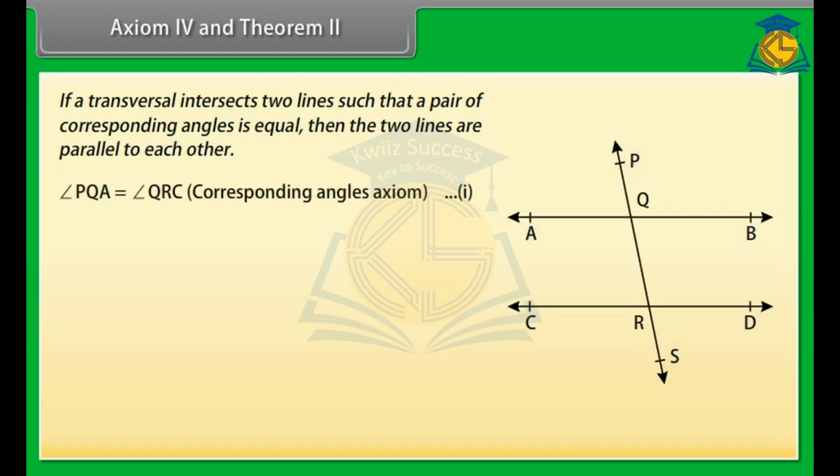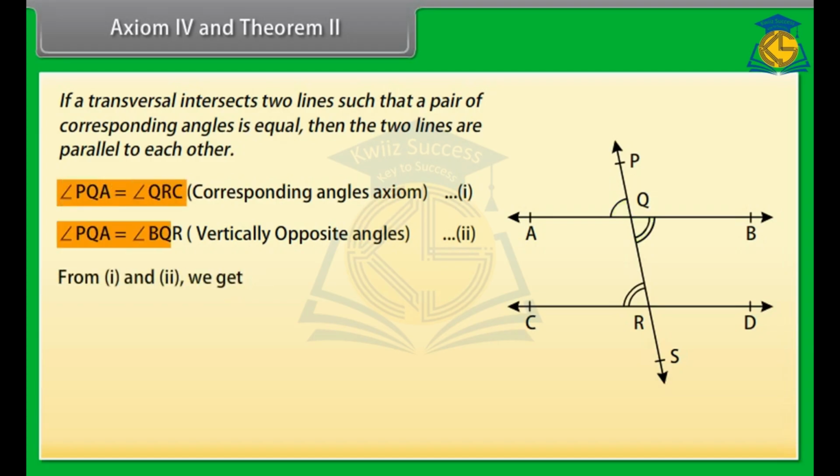We know that angle PQA is equal to angle QRC by using corresponding angles axiom. Mark it as 1. Also, angle PQA is equal to angle BQR because these are vertically opposite angles. Mark it as 2. So from 1 and 2, we may conclude that angle BQR is equal to angle QRC.